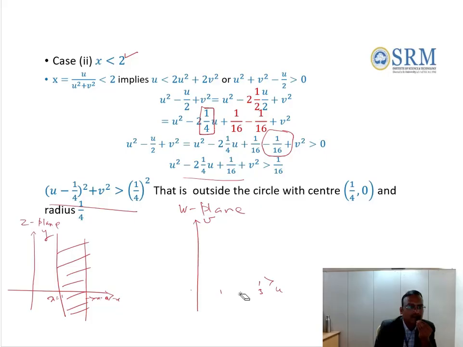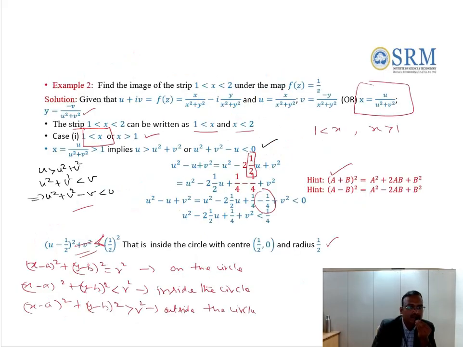Let me rescale this. So this is 1 by 4, 1 by 2, 3 by 4, then 1. So the first circle says that inside the circle with the center 1 by 2 comma 0.